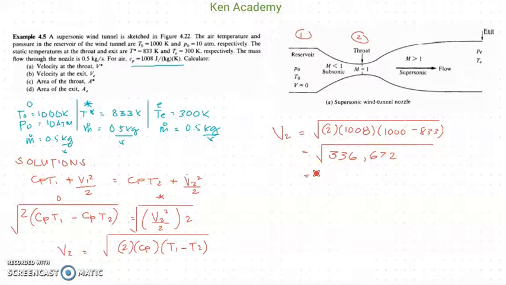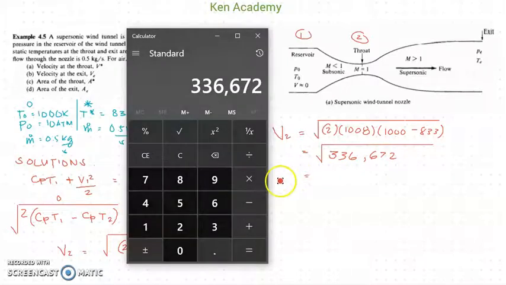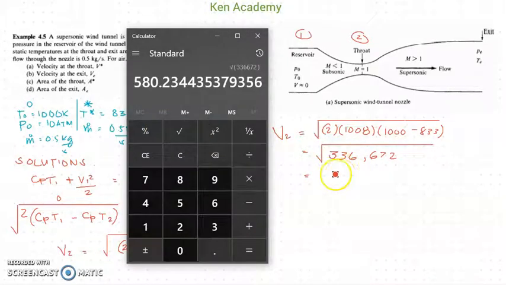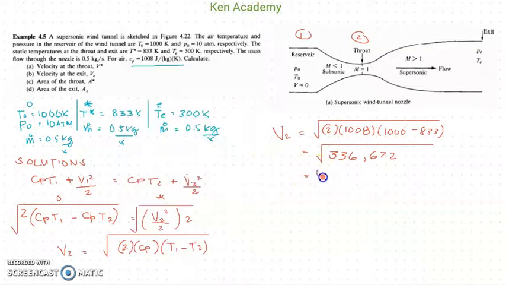And if we get the square root of that one, we get 580.23, the velocity at the throat.